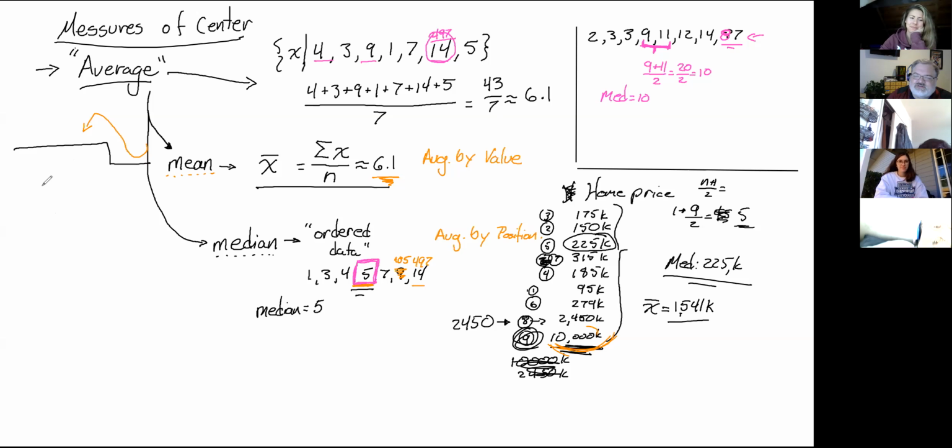So the other type of average is for questions like, what type of soda does the average McDonald's customer order?